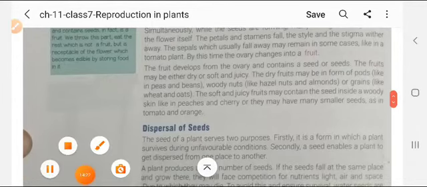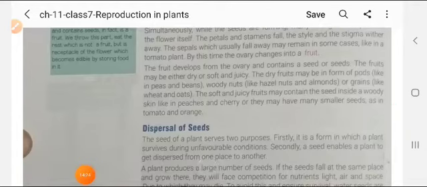Now, student, my next topic is the dispersal of seeds. Dear student, what happens if there is too much poverty in a family and the family members are very high in number? Suppose that there is a single chapati and a mother and their four or five children.